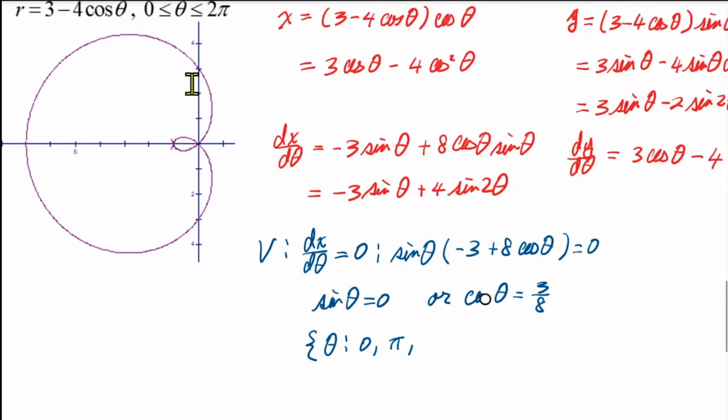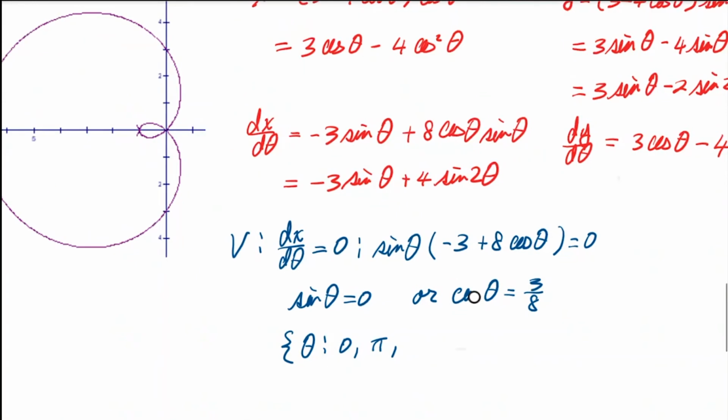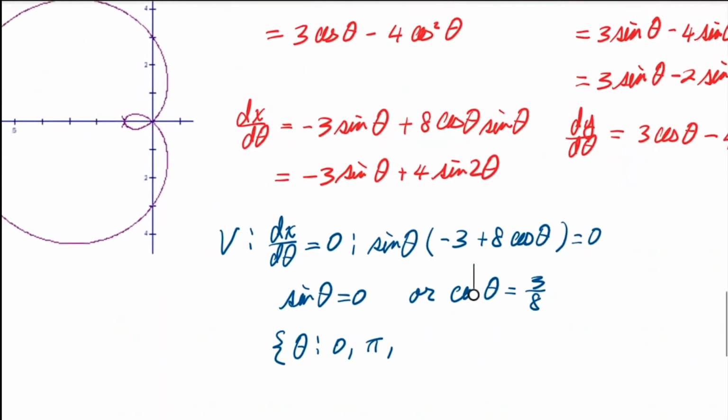This thing starts here and then goes around like that. And then if you just plug in the calculator, you only get one of them. Do you remember how to get the other one? 360 minus the other one. I don't have time to teach you how to do that, so I'll just write down the answer.